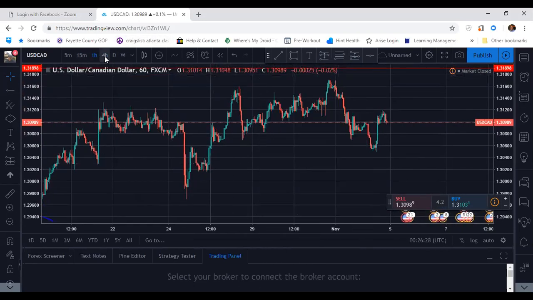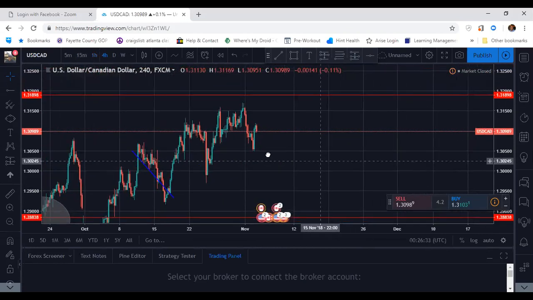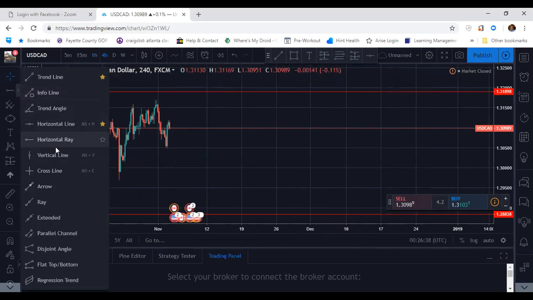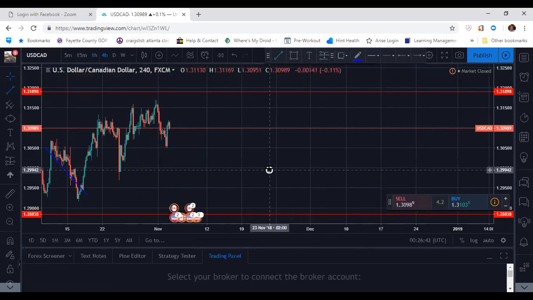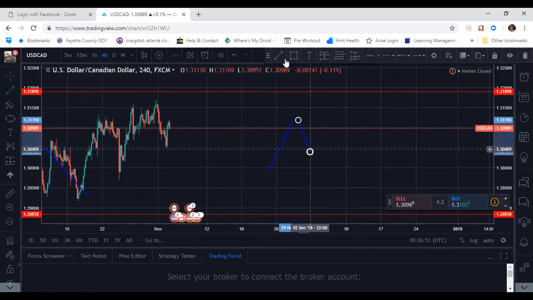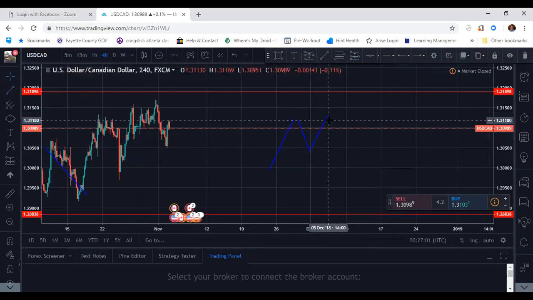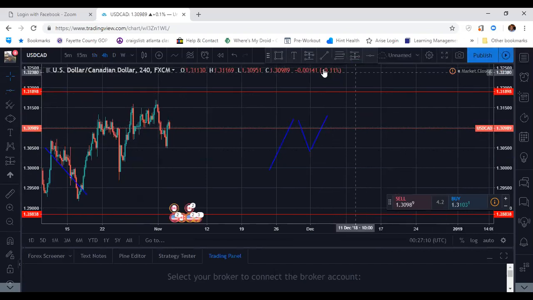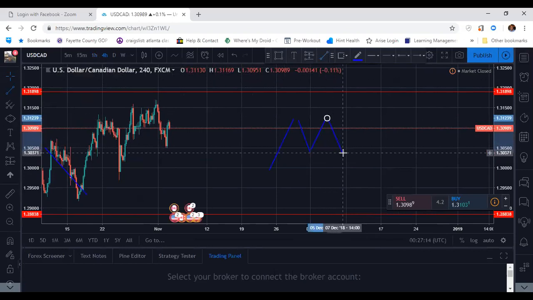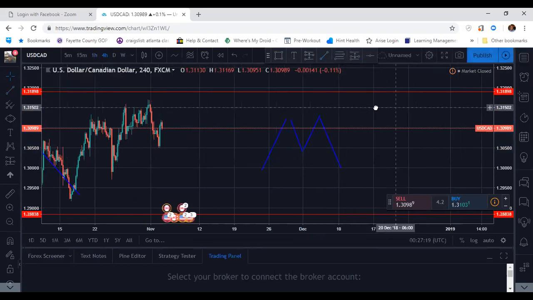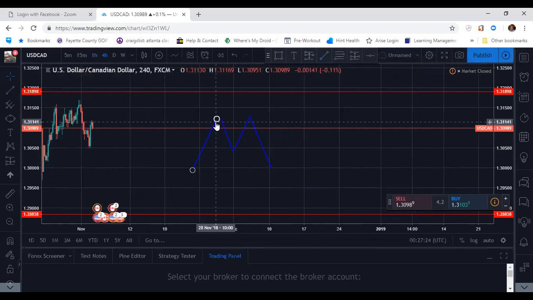Okay, let's see if I can find something. I'll just touch on that real quick. So what you're talking about, ladies and gentlemen, is M's, and basically price will come up and touch a resistance line, and then it'll bounce down, touch the resistance line again, and then come down for a sell.